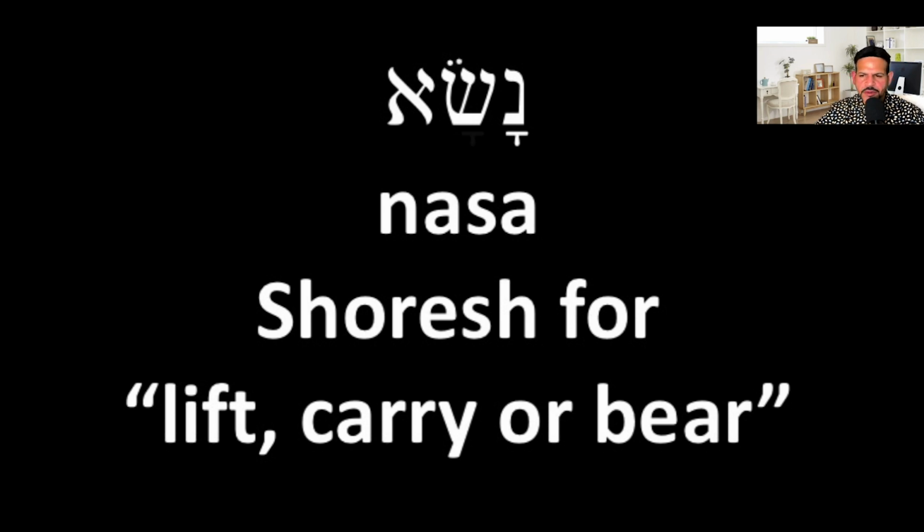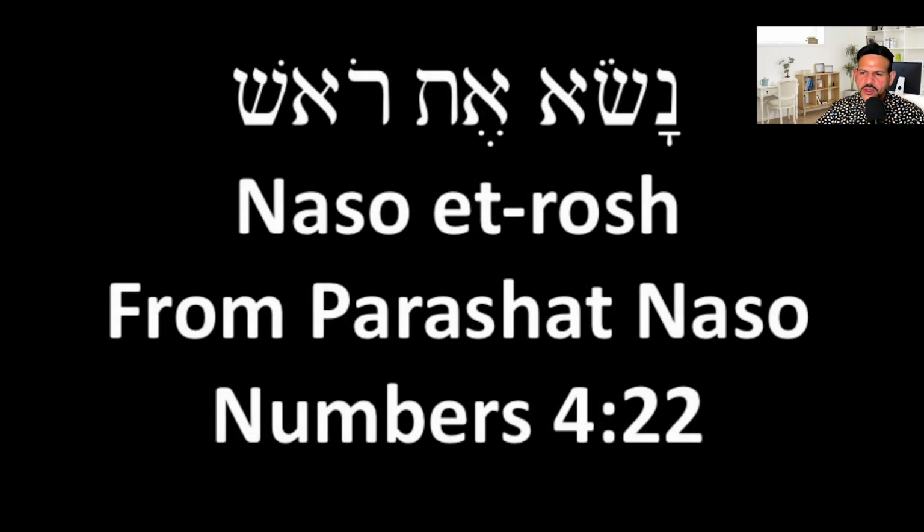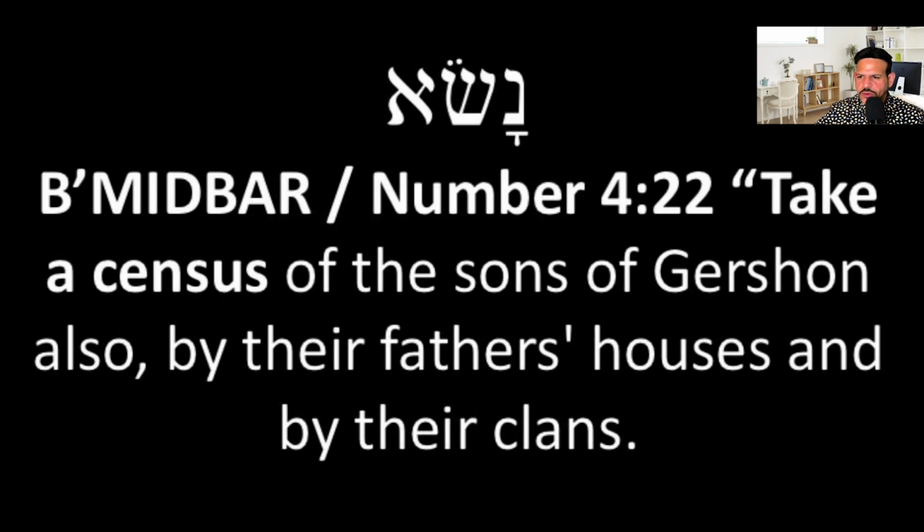Now, again, this root nasa, we see it in naso et rosh. Lift up the heads in Parashat Naso, Numbers 4:22. It says, take a census of the sons of Gershon also by their father's house and by their clan.